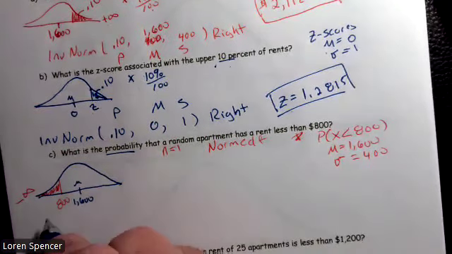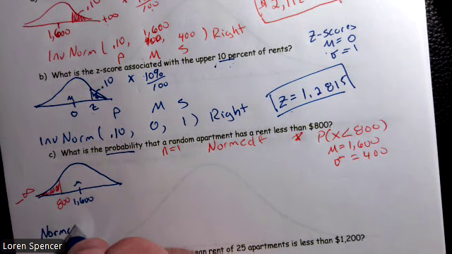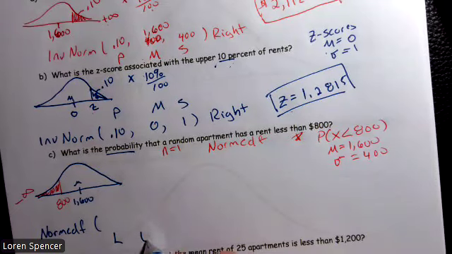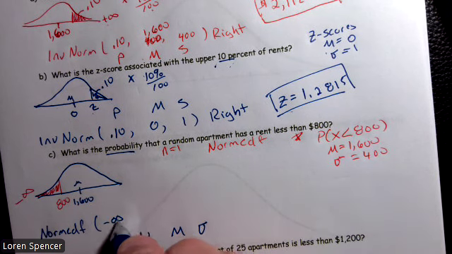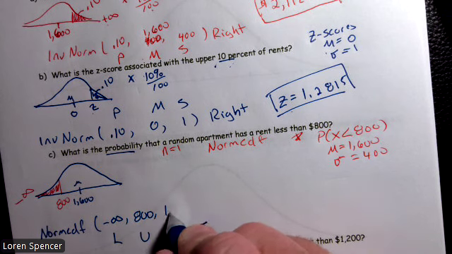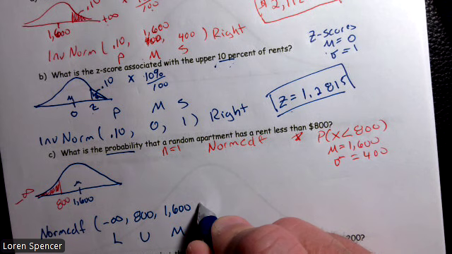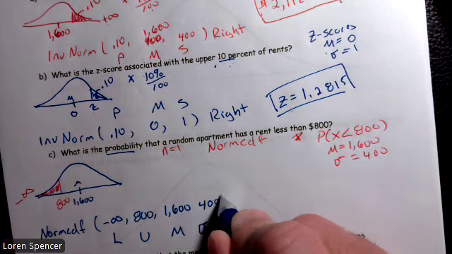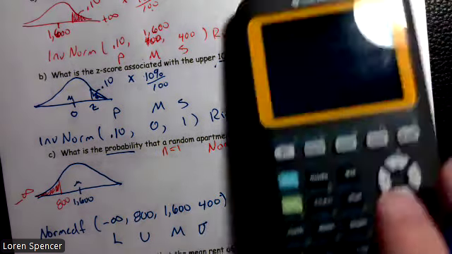So when I go to write this, it's going to be a norm CDF. Don't forget our LUMO: our lower, our upper, our mean, and our standard deviation, which I know is not really an O, but it kind of looks like one. So negative infinity to an upper of 800, with a mean of 1600 and a standard deviation of 400. All right.